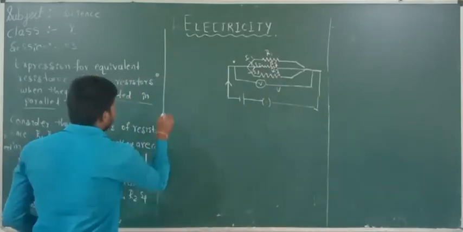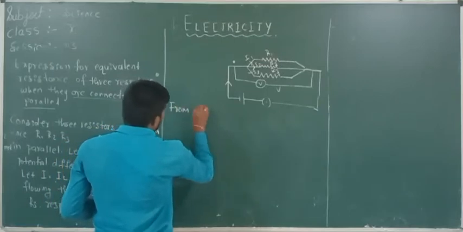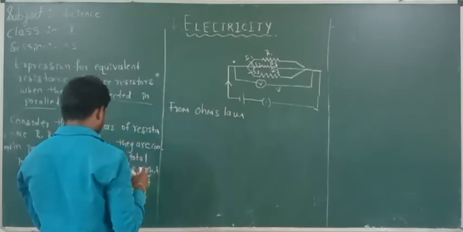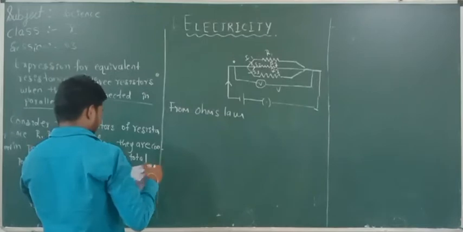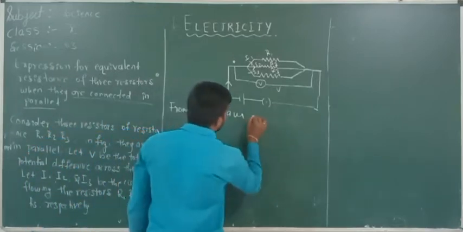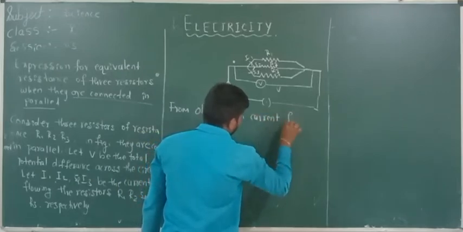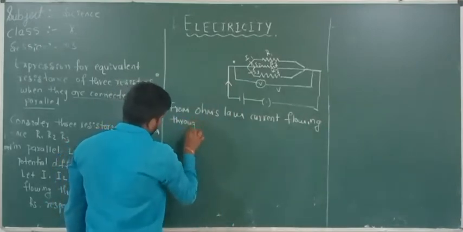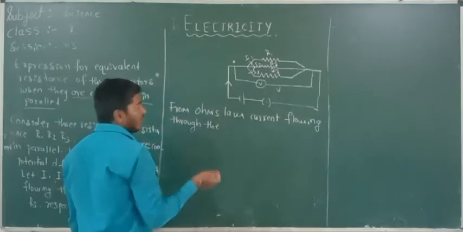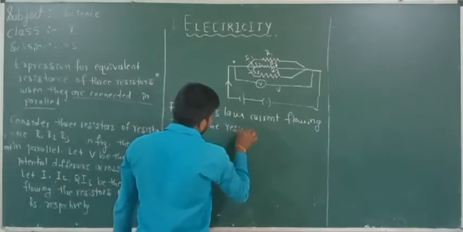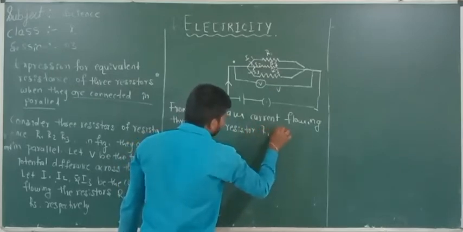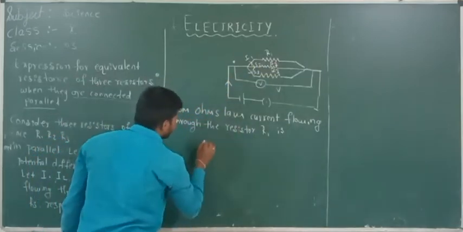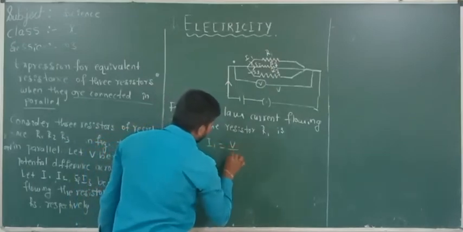So now from Ohm's law, the current flowing through the resistor R1 is I1 is equal to V by R1.